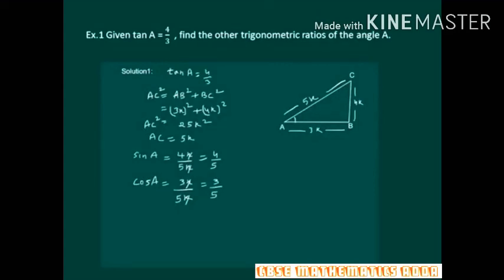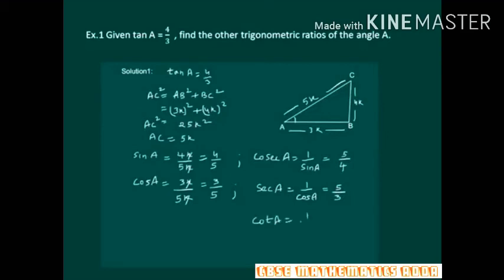Then the next one we will proceed to: tan A is already given, so cosec A. Cosec A is equal to 1 by sin A. This is the reciprocal of sin A, and this equals 5 divided by 4. Next ratio, sec A. Sec A is equal to the reciprocal of cos A. Cos A equals 3 by 5, so here we obtain sec A equal to 5 by 3.